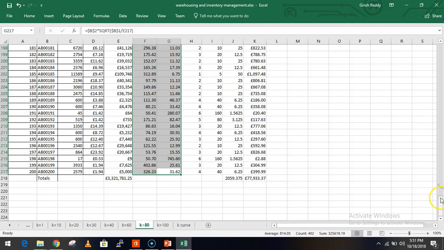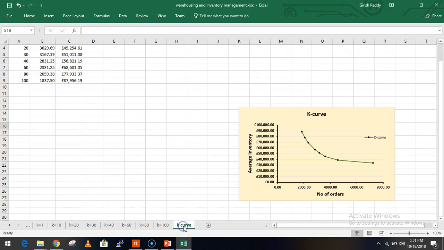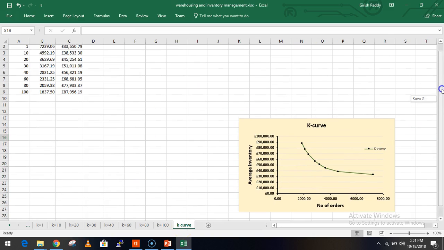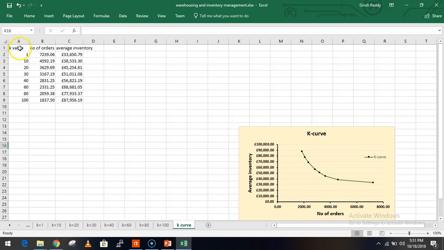So once you have values for all of these, K is equal to 1, 10, 20, 30, 40, 60, 80 and 100, you now have to table these values. So the K values are 1, 10, 20, 30, 40, 60, 80, 100.